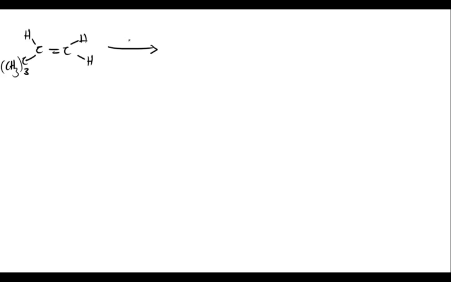Then we are adding, one, mercuric acetate in the presence of water, and secondly, sodium borohydride in the presence of a base. So we are to write down the product of this reaction.